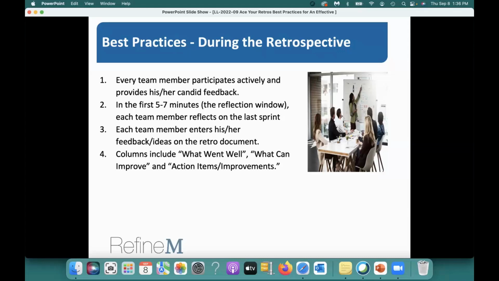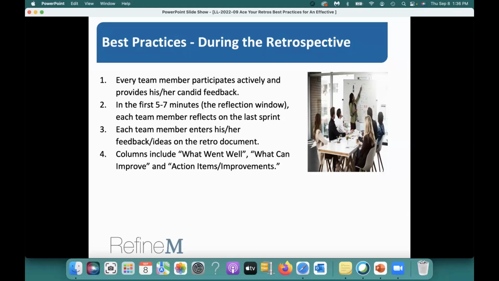Otherwise, if you start talking, out of 10, 2 people talk a lot, 4 people don't talk at all, and the rest talk sometimes. That is what happens. So the majority of people who talk less or don't talk, their ideas are not heard at all. So they may stop going there.